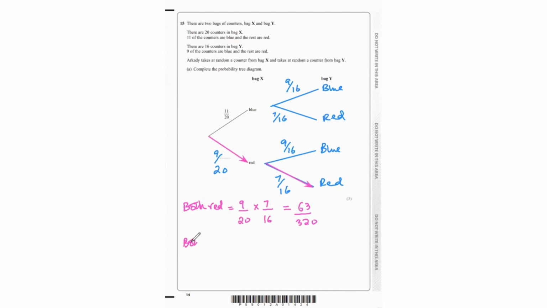Then both red or blue. So that's going to be 63 over 320 plus, now for blue, that's 11 over 20 times 9 over 16.